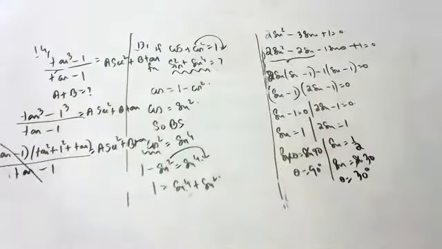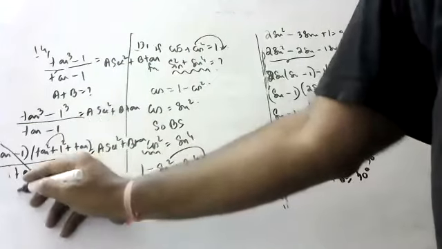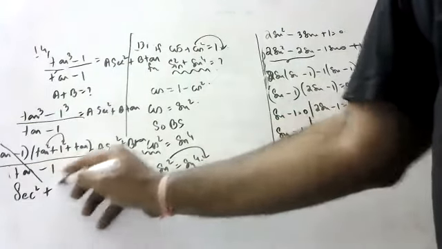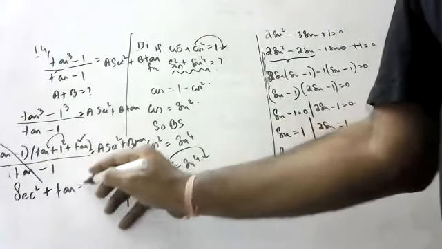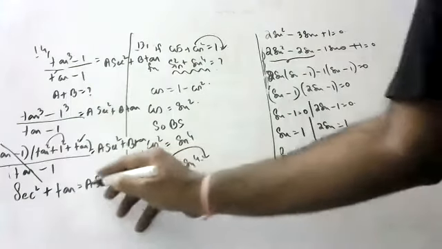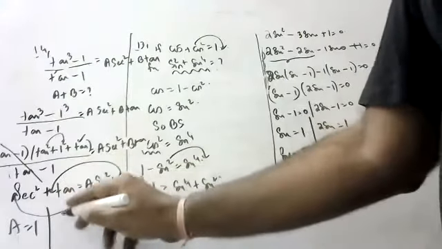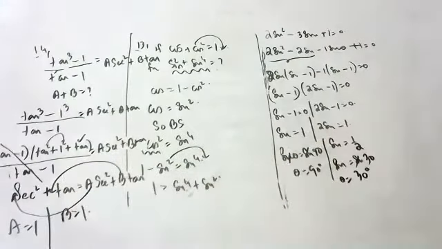Tan square plus 1 is secant square, so secant square plus tan is equal to a secant square plus b tan. Instead of a, there is 1. Instead of b, there is 1. So a plus b is 2.